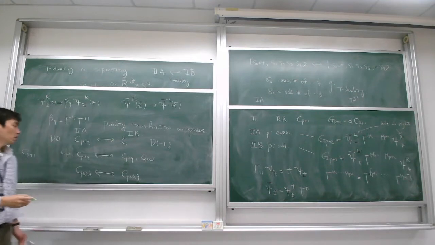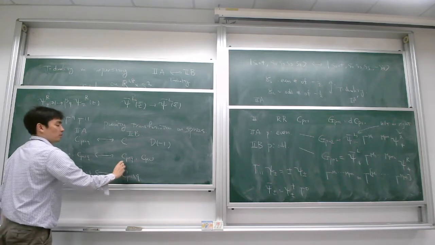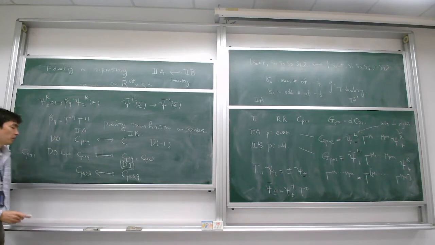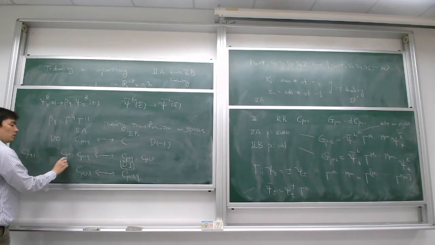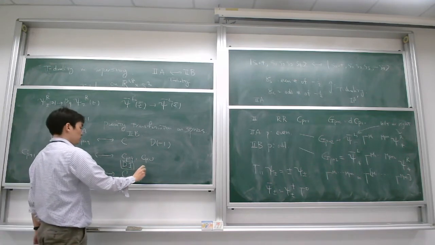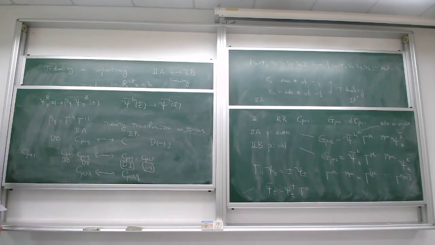Okay? Here D0 becomes here a D1 brane. Okay? D1 brane. And this associated D2 brane becomes a D1 brane if there's a 9th direction.